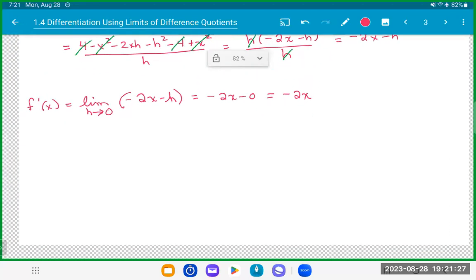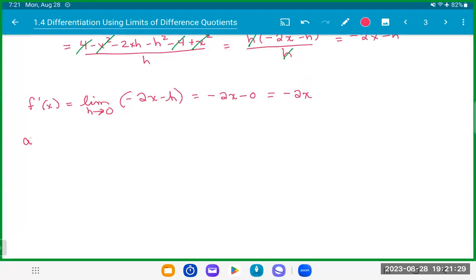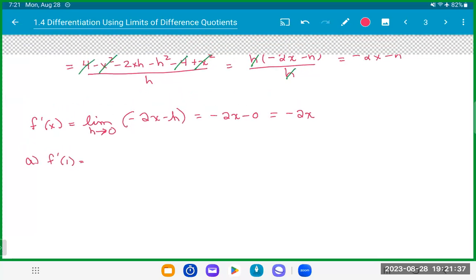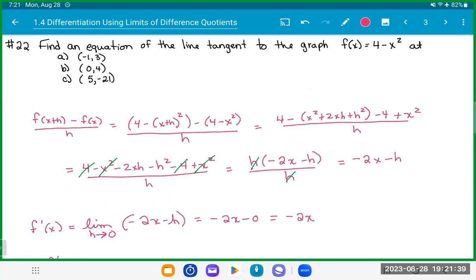Now, remember part A asked us to find f prime at 1. Well, we have to find f prime at 1 first, because, oh, actually, it's at -1.